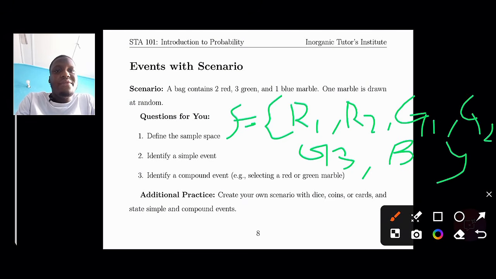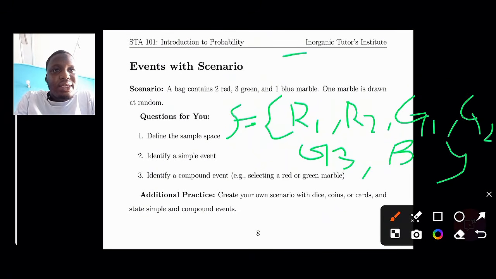So we can find the probability of selecting, let's say, a blue marble.